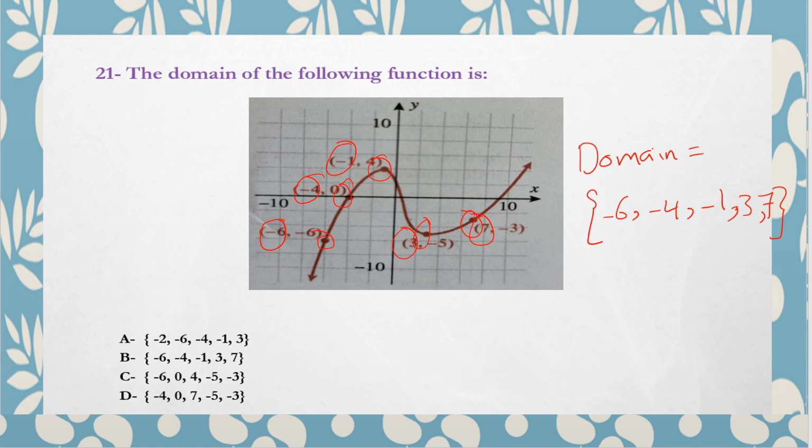This is the domain of the graph, and the range of the graph would be the second values of the ordered pairs, which are minus 6, 0, 4, minus 5, and minus 3. In this question, he's asking you about the domain only, so the correct answer is B.